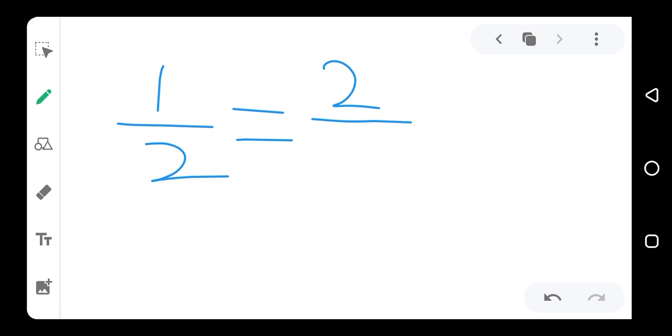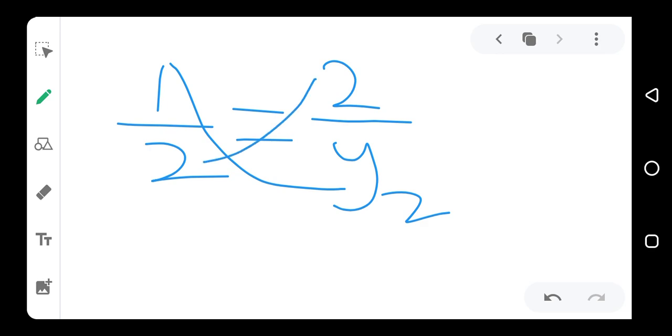We are looking for y2. Now we do cross multiplication. We take this one to this one and this one to this one. So it becomes 1 times y2 is equal to 2 times 2.